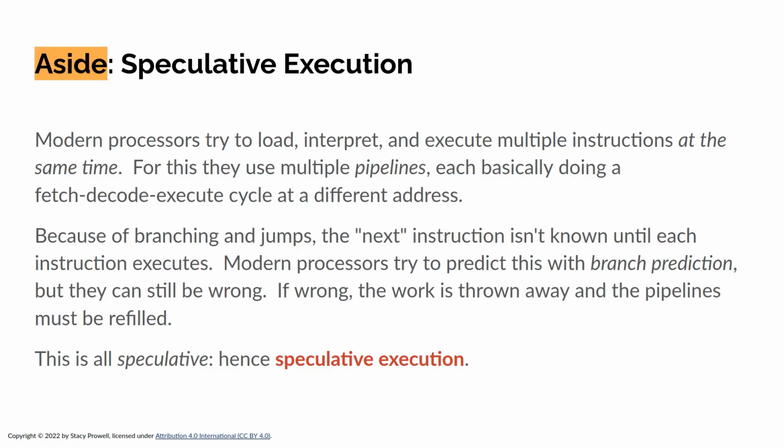The important point here is that modern processors are always trying to load, interpret, and execute multiple instructions at the same time. So they're in all stages of the fetch, decode, execute cycle all the time. And they're trying to make various guesses. They do branch prediction. They do all sorts of different kinds of speculative execution.